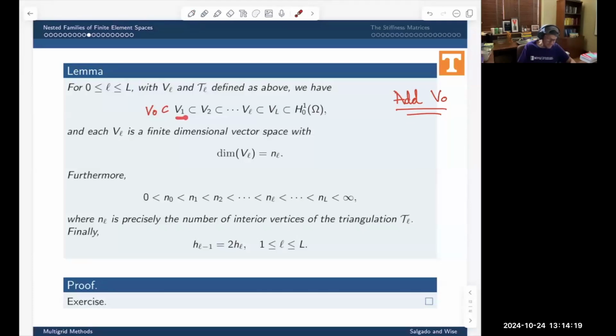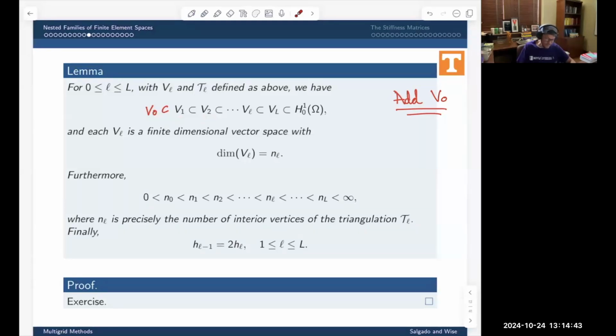That means functions at a relatively coarse level V1 will be included in V2, but not vice versa. So functions that are in V2 may or may not be in V1. They are proper subspaces in the sense that there are functions in V2 which are certainly not in V1.